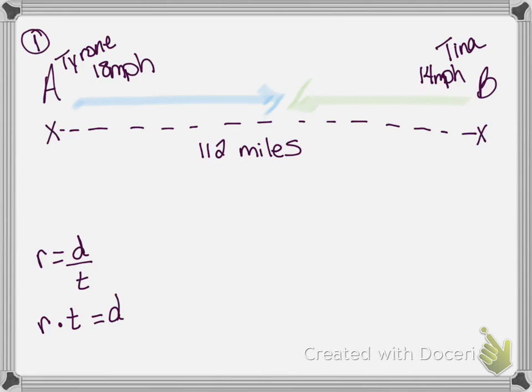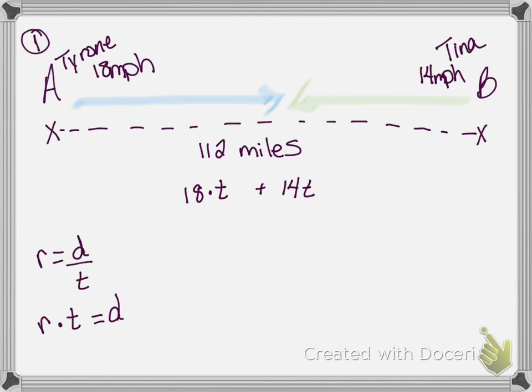So we know that Tyrone is traveling at 18 miles per hour, and he is going to travel the same amount of time as Tina. Tina is traveling at 14 miles per hour, and she will travel the same amount of time as Tyrone.